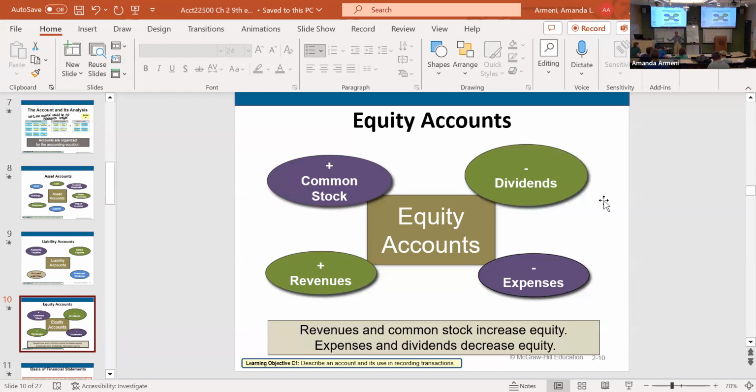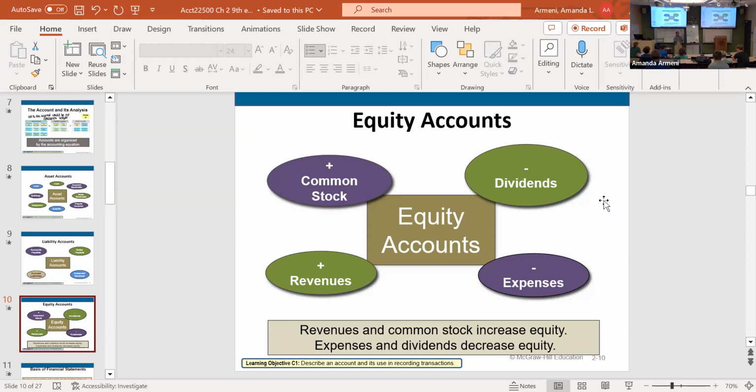Let's say that we get a bill for our utilities for last month. That's an expense. Let's say we get a bill for our rent for next month. That's prepaid, right? So the timing of it is really important. If you've already used up whatever it is, the utilities, the employees with their salaries, the rent, insurance coverage for your facilities, that's an expense and it has a negative impact on our equity. It's decreasing our overall earnings.